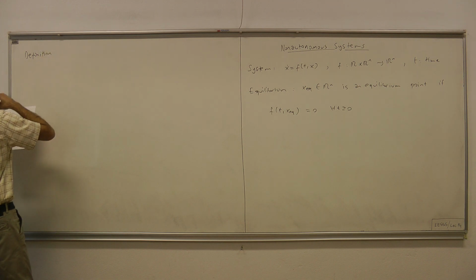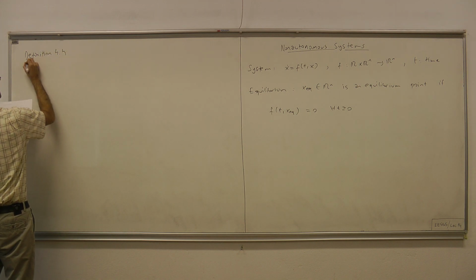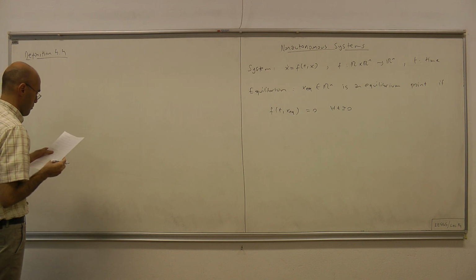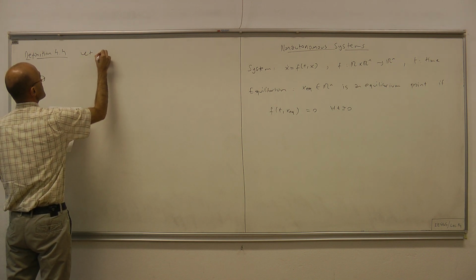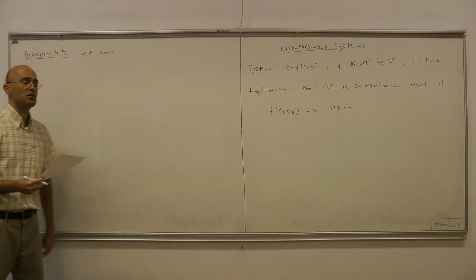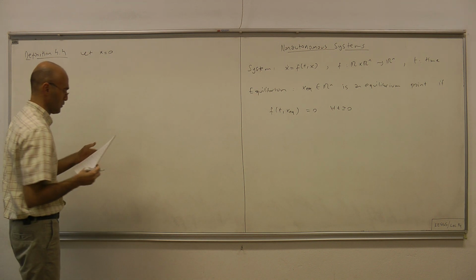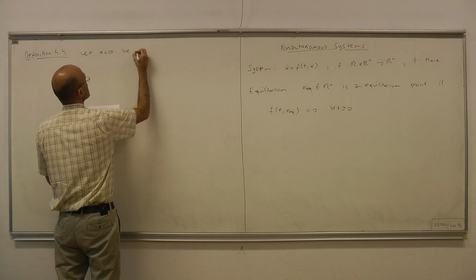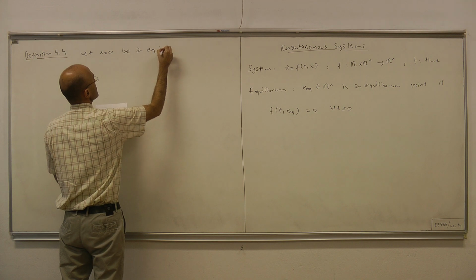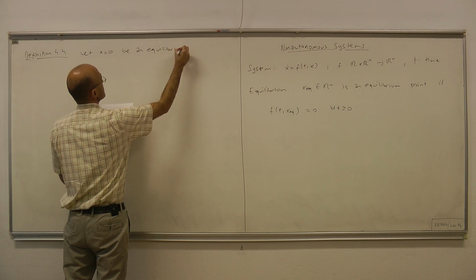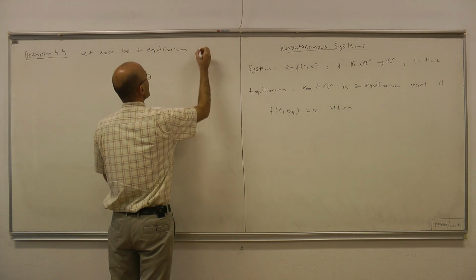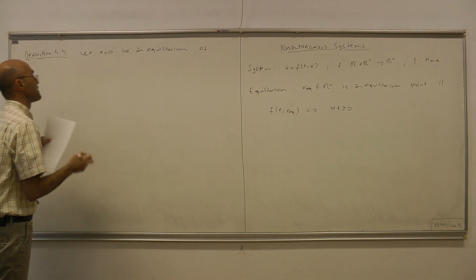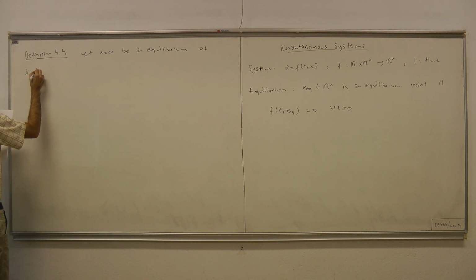Okay, now definition 4.4. Let the origin, as usual, be our equilibrium point without loss of generality, of x dot equals f of t, x.